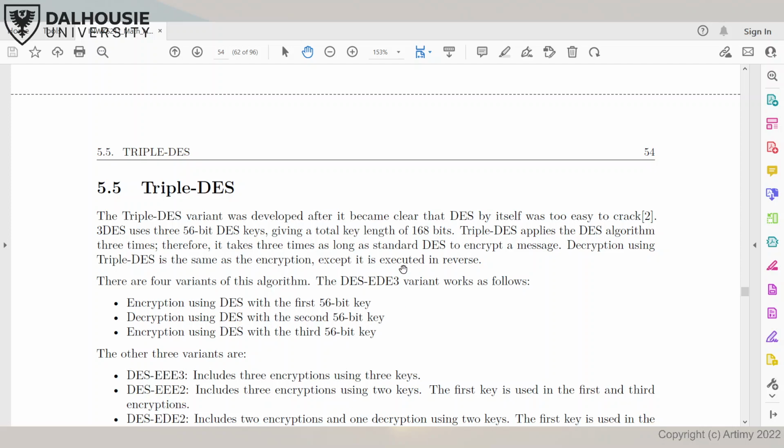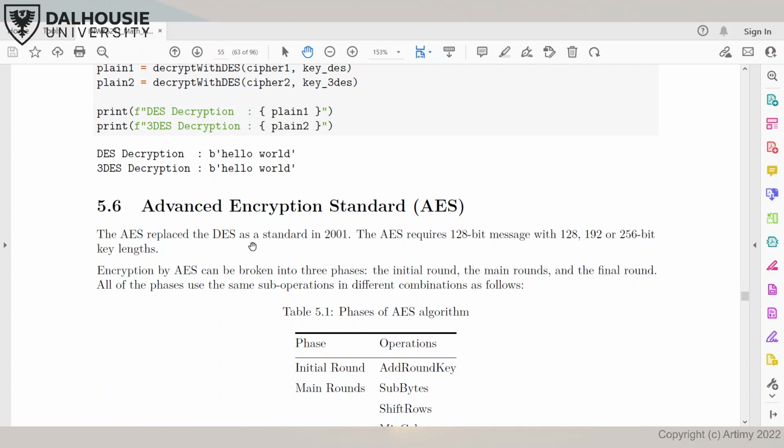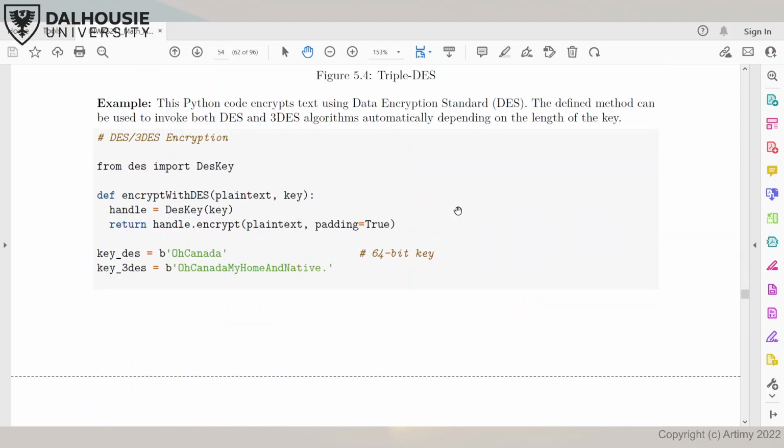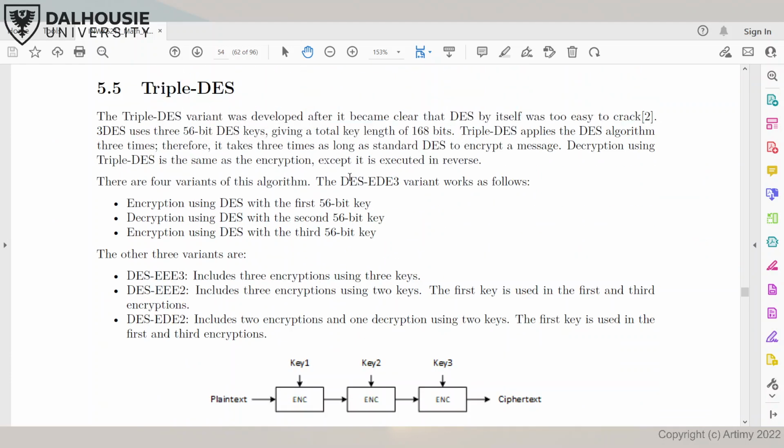So the US actually created the next algorithm, which is the Advanced Encryption Standard. But before that, there was an intermediate solution, I should say, where DES was enhanced a little bit, but without changing the algorithm itself.